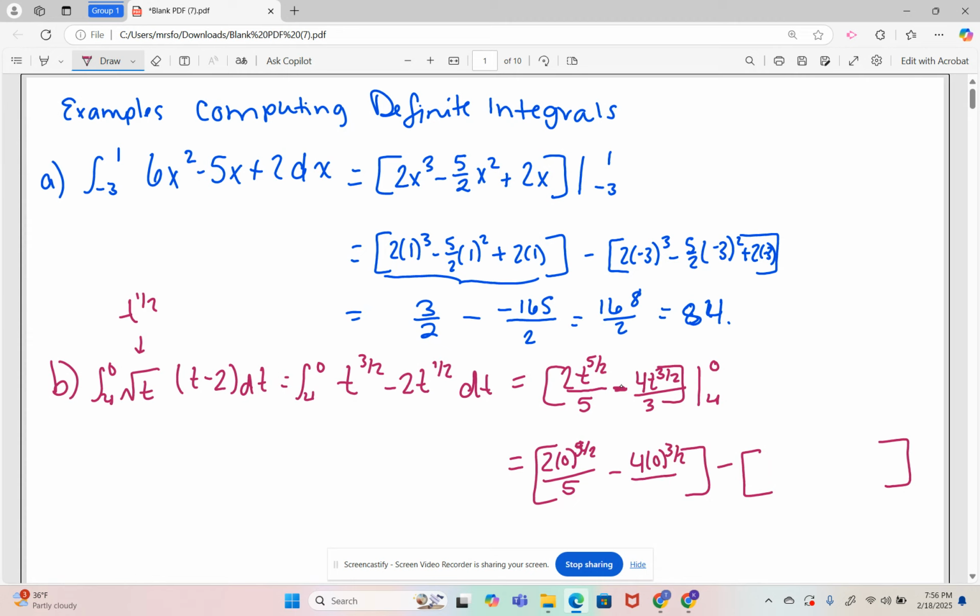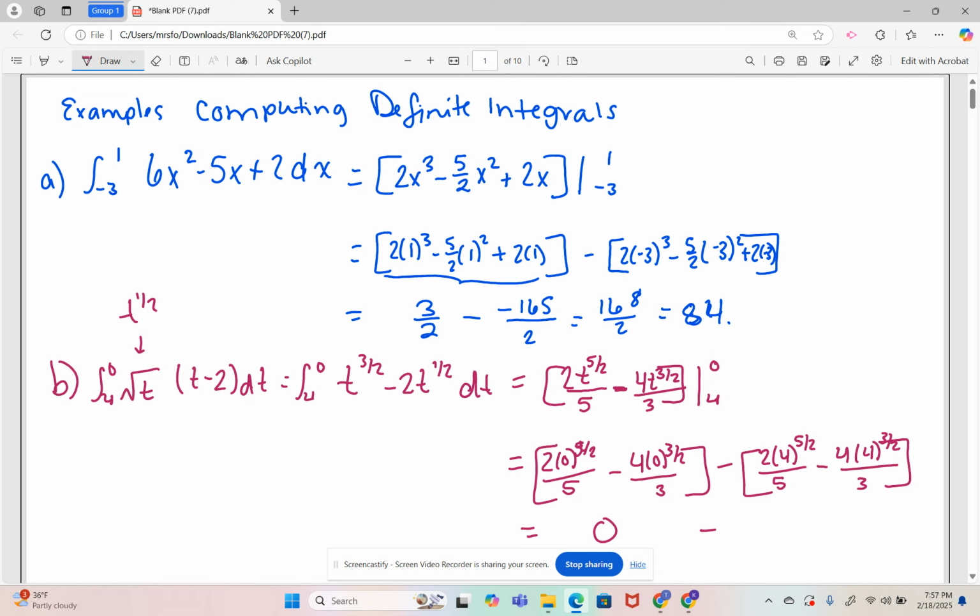Again, this is going to be 0. Now here, we're actually going to substitute in 4 to the 5/2, and here to the 3/2.